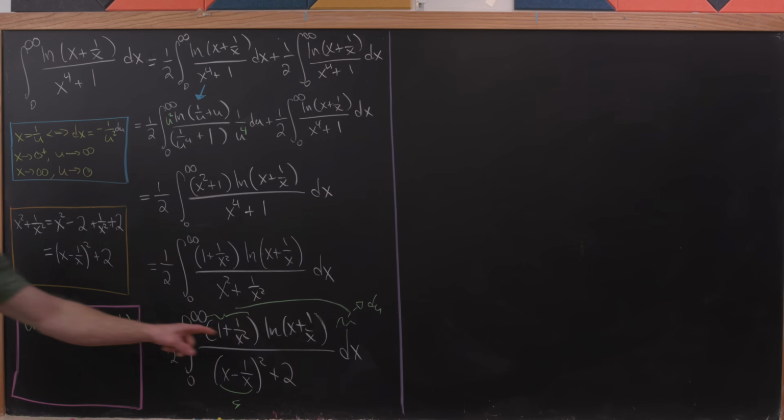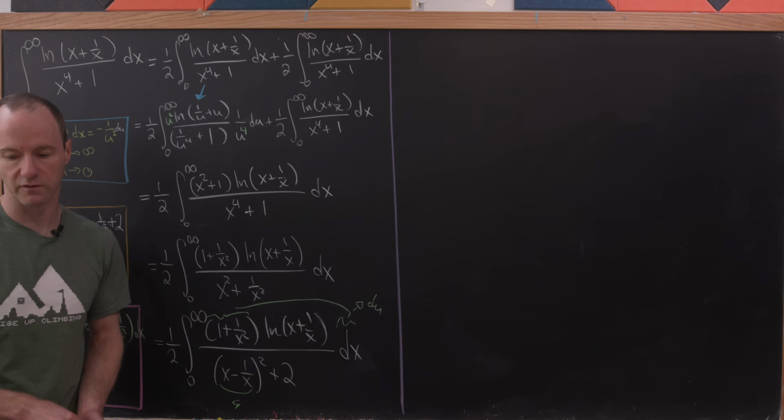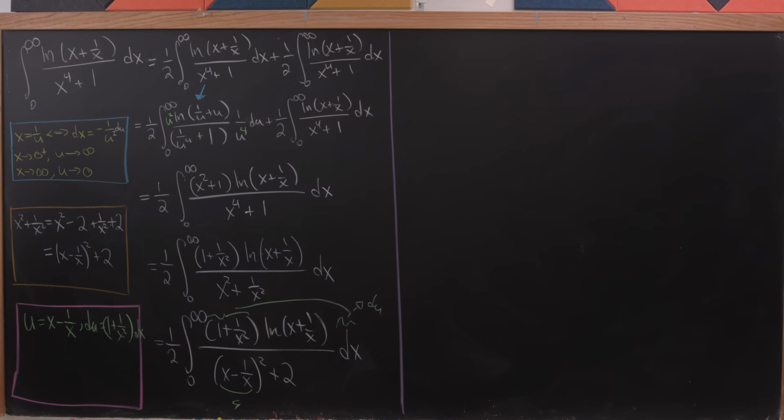We'll sort out what this x plus 1 over x is in a minute, but let's see what happens. As x approaches infinity, notice that u is also approaching infinity. And as x is approaching 0, let's observe that u is approaching minus infinity. So that's how the bounds of integration are going to change.